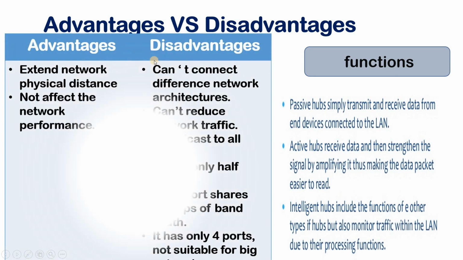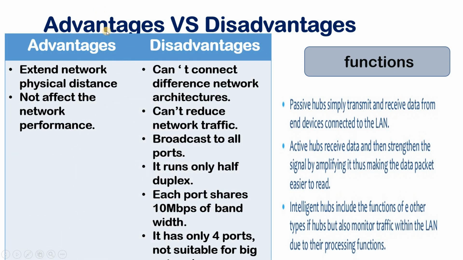Let me move on and discuss the advantages and disadvantages of using a hub. Actually, a hub provides an extended network physical distance, because when we are connecting network devices we need so much cable, but by connecting the hub we reduce the expense of purchasing cables, because the hub is considered a centralized device and does not affect the network performance.